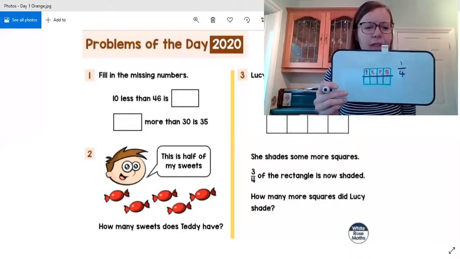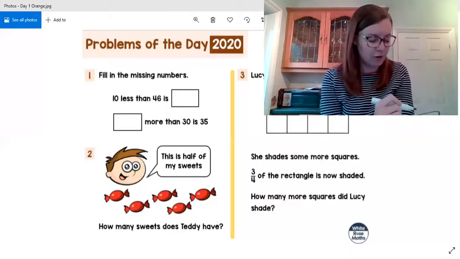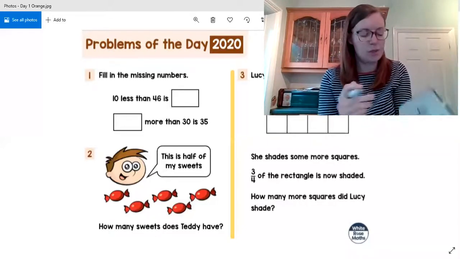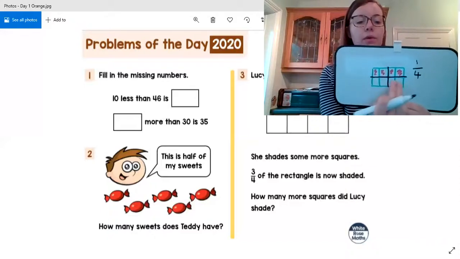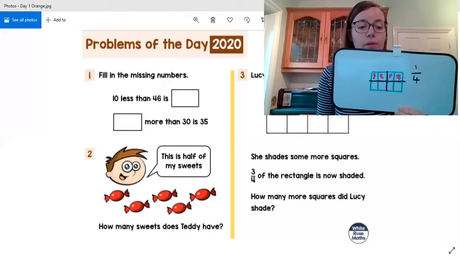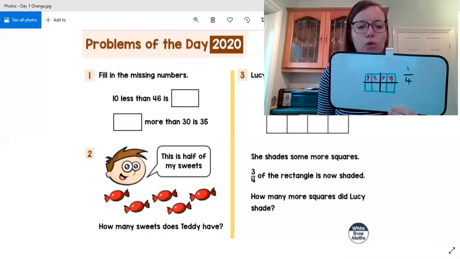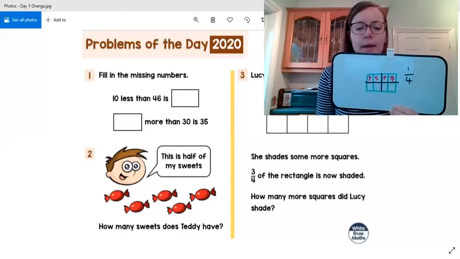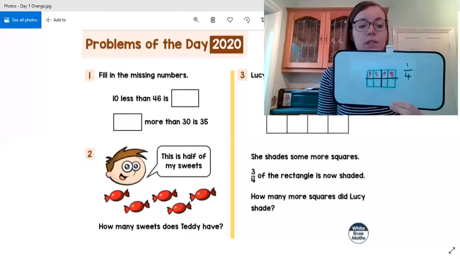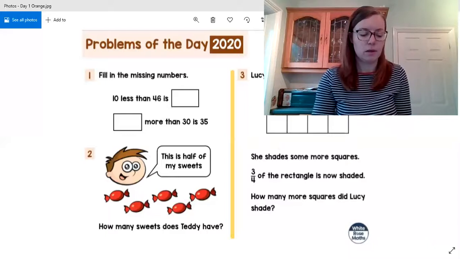Going to have a look here and think about how I can make my rectangle into quarters. And I think if I do a line top to bottom now, I've got 1, 2, 3, 4 equal groups. Brilliant. At the moment, how many of my 4 groups are coloured in? 1, 2.